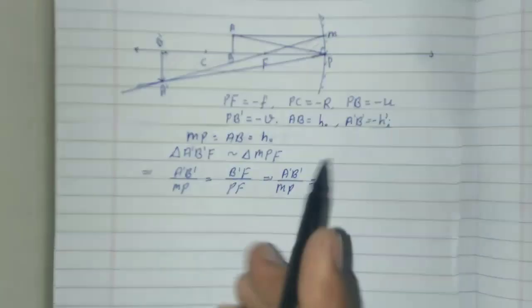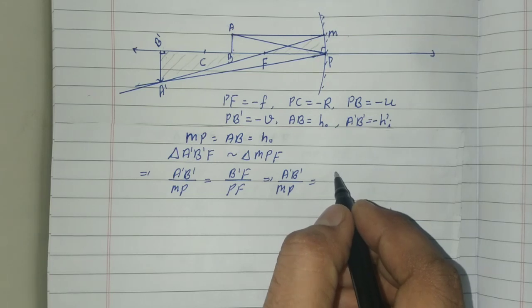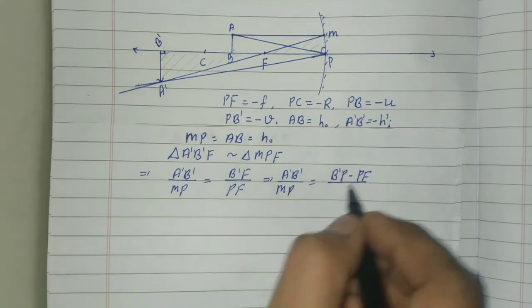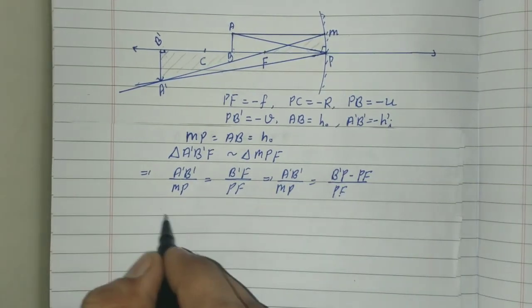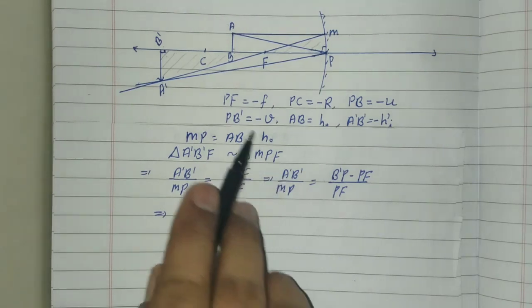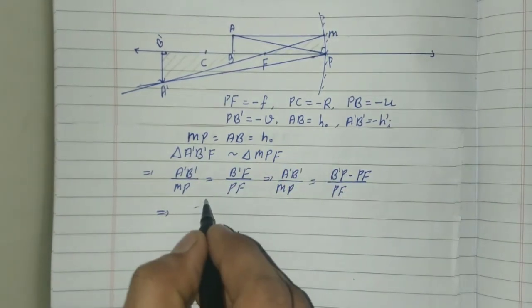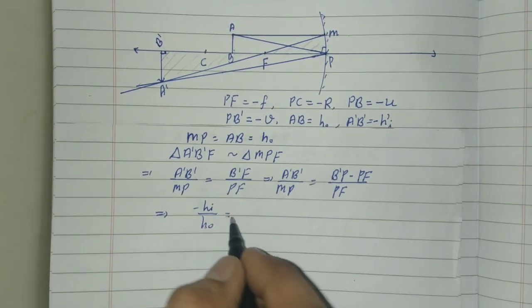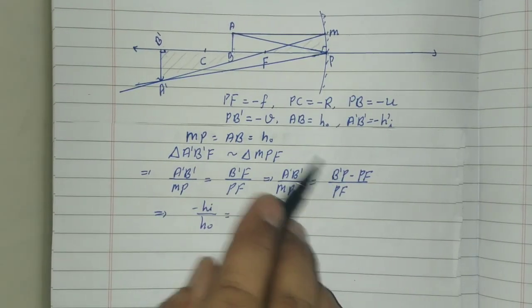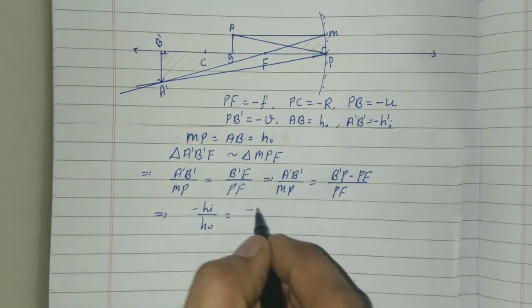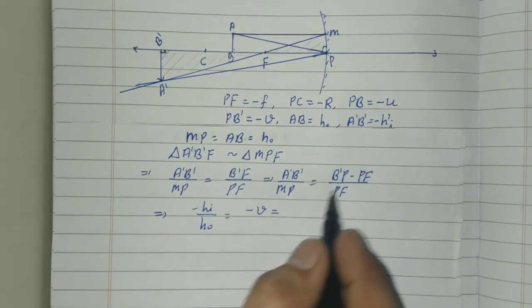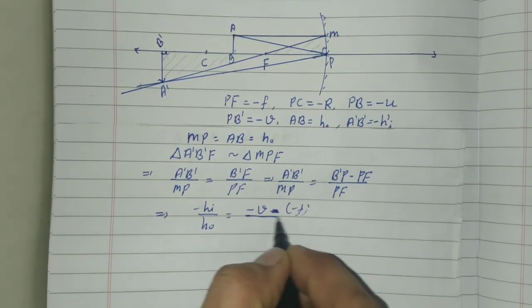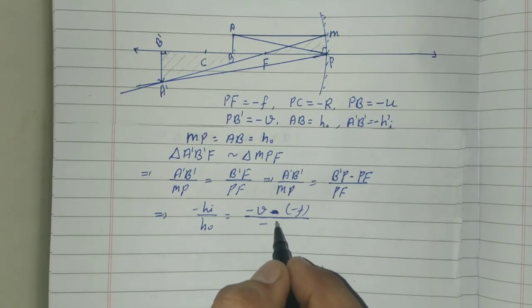So we will get A dash B dash upon MP is equal to B dash P minus PF upon PF. Now put the values. We will have A dash B dash is equal to minus hi. MP is equal to AB is equal to h0. B dash P is equal to minus v, PF is minus f, upon minus f.